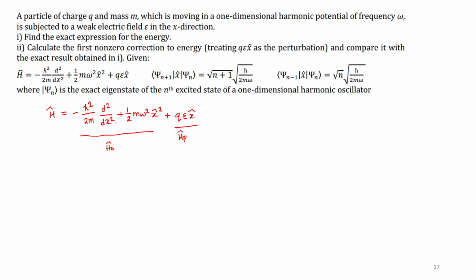See, what we can do is change the variable. We'll take an arbitrary y, another axis, which is x minus q epsilon by m omega square.